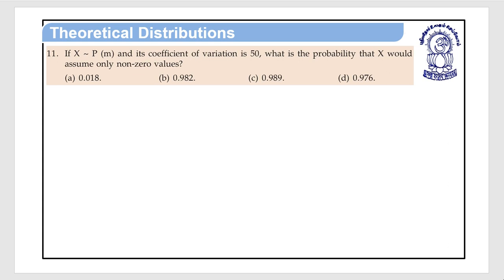Now the next question is question number 11. If X is a Poisson variate with parameter m and its coefficient of variation is 50, what is the probability that X would assume only non-zero values?